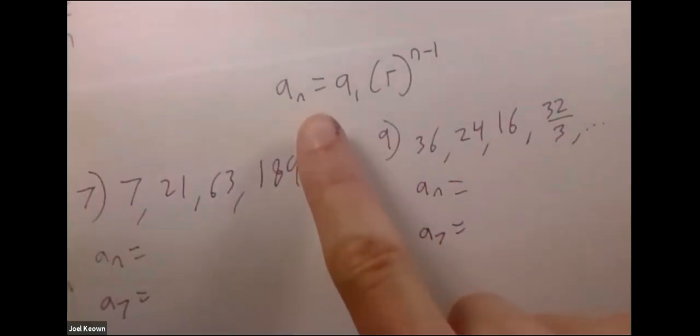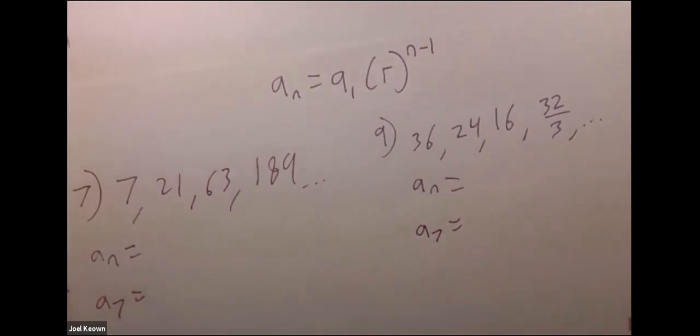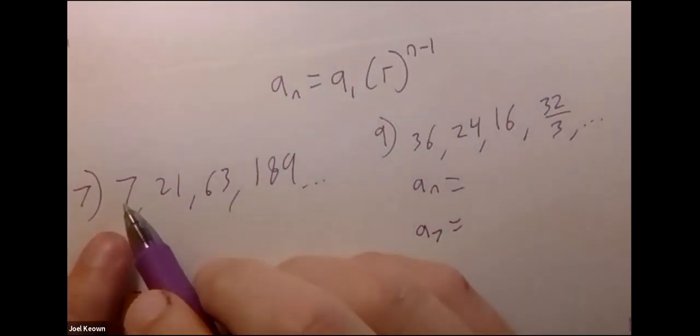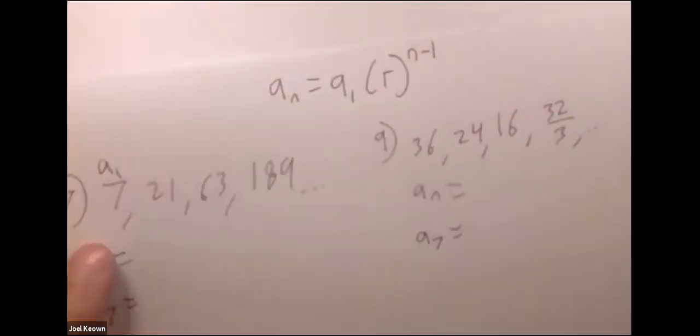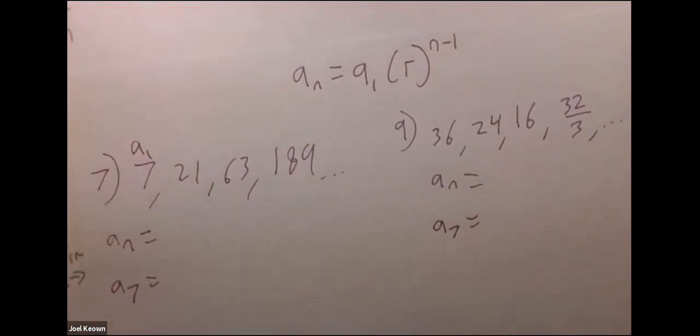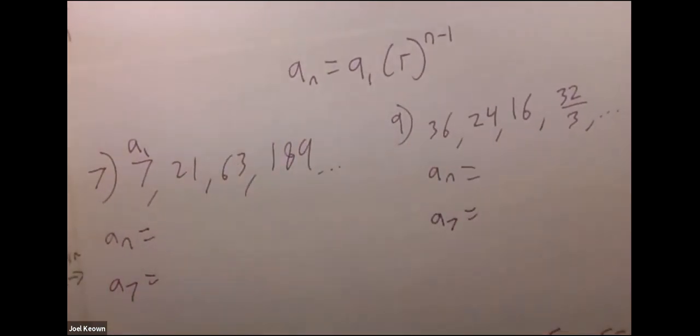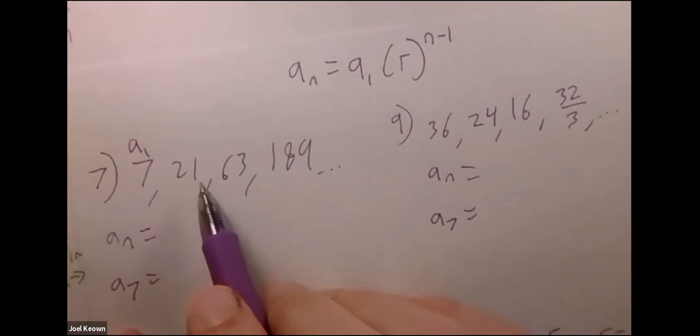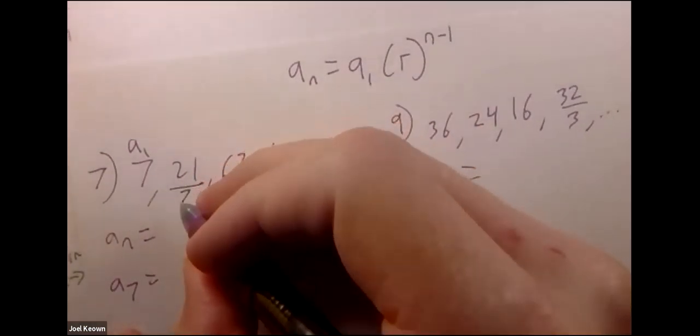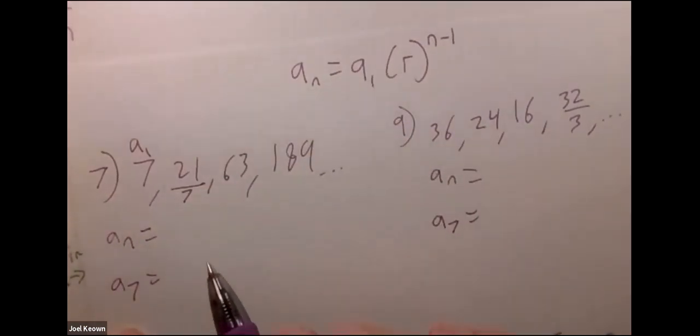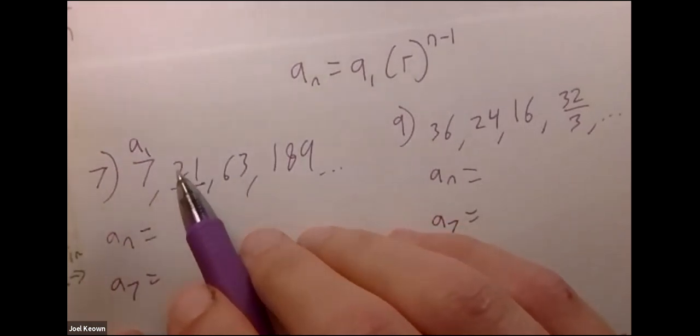So again, here's our equation that we're going to use. I need to figure out a sub 1, and I need to figure out r. Well, look at here. First term, a sub 1. What do I keep multiplying by? Well, I could divide the second number by the first number. 21 divided by 7 is 3.